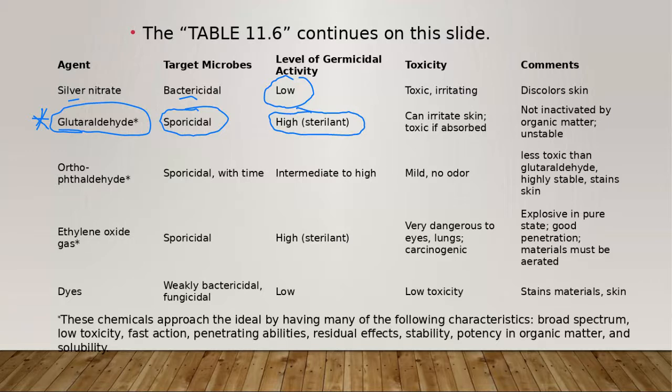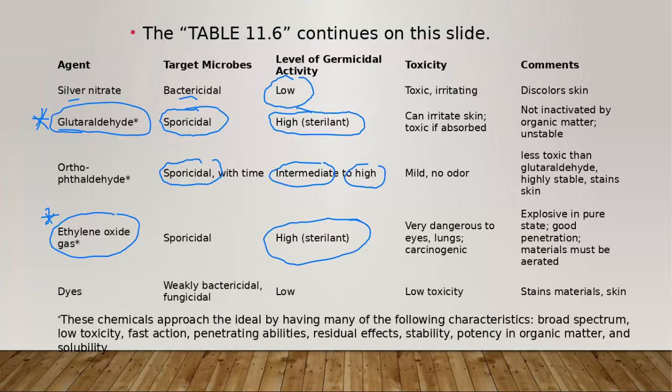Orthophthalaldehyde is also sporicidal, but some of them are intermediate to high level. Ethylene oxide is a gas that is usually used as a sterilant. So it is sporicidal. It can kill or destroy the endospore. Dyes, some dyes are also used for prevention, but they have a very low level of germicidal action.